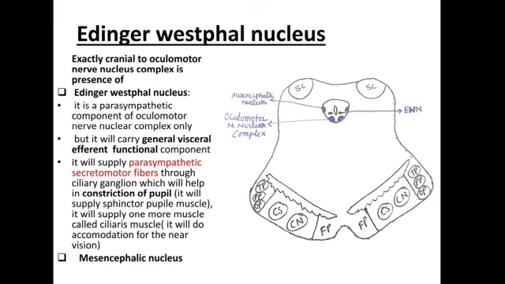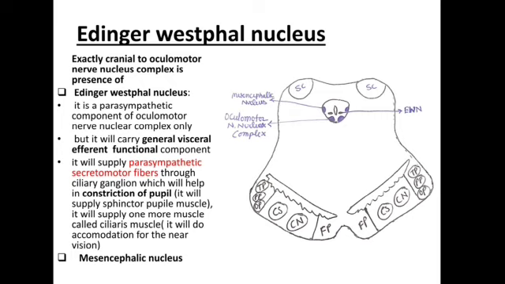Next nucleus which is present in central gray matter exactly cranial to the oculomotor nerve nucleus is Edinger-Westphal nucleus. It is the parasympathetic component of the oculomotor nerve nuclear complex, and it carries general visceral efferent functional component.